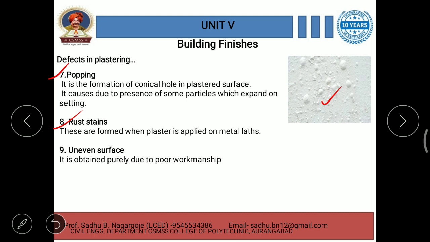It is a defect mostly seen when the plaster is applied on metal laths. And the last one is uneven surface. It is obtained purely due to poor or bad workmanship. So these are the major defects in plastering.